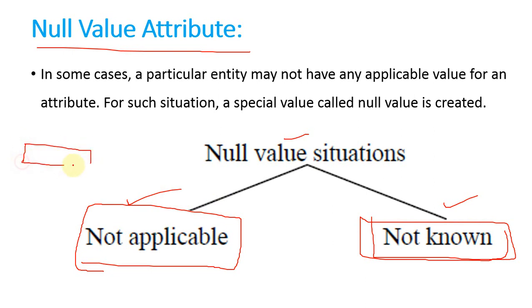Here is a text box. Some five students have kept this particular text box blank because they don't know what to enter. Some students have not chosen this checkbox in the form because it is probably not applicable to them.